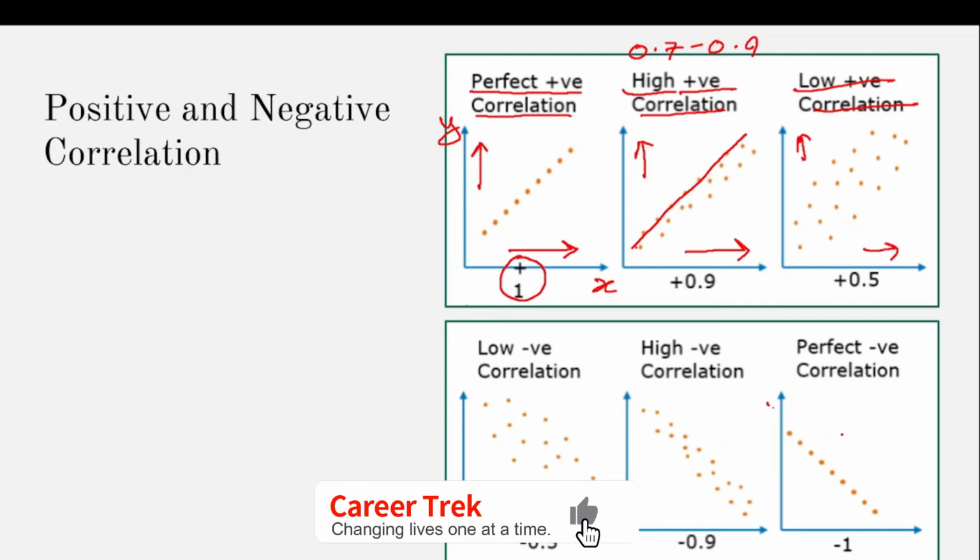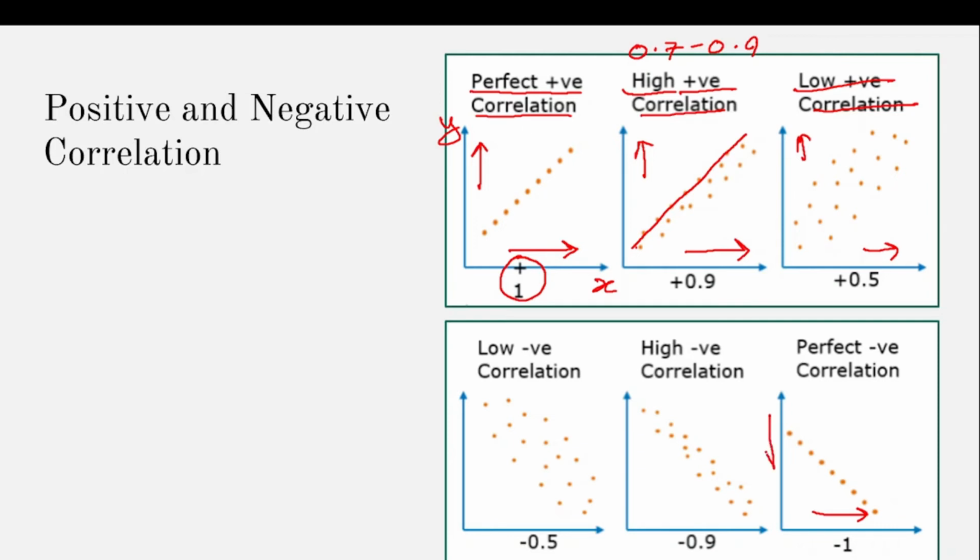Again, in the next graph, if I'm increasing the value of x, the value of y is decreasing. So this is the case of negative correlation. And since all the points lie in a straight line, I call this a perfect negative correlation, and the value for this is -1. Again, we have similar graphs for high negative correlation and low negative correlation.